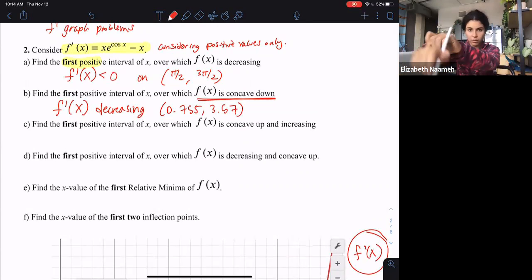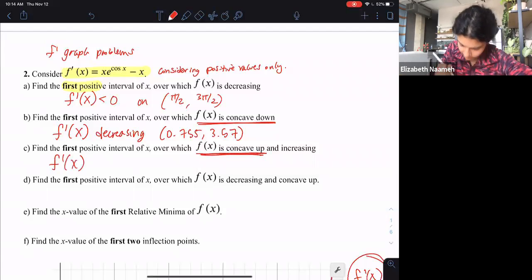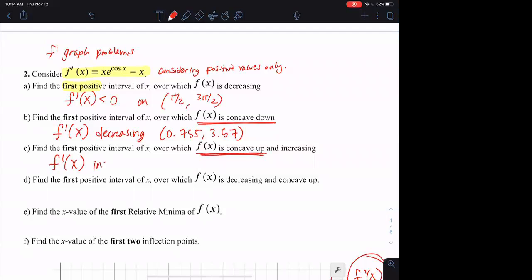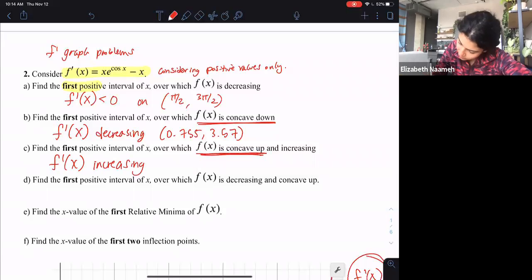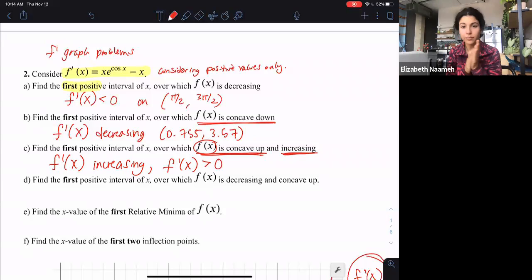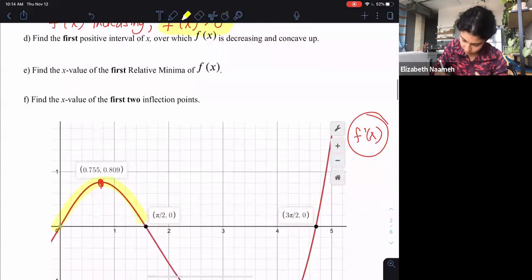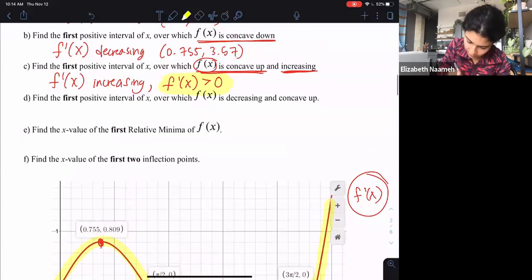So I have two conditions now, two things to look for. First, it says f is concave up. So what's that tell me about f prime of x? If it's concave up, it's going to be increasing. And then if f of x is increasing, what's that tell me about f prime of x? Has to be above the x-axis. F prime of x must be greater than 0. So now we are going to look for the places that satisfy both conditions. So this graph needs to be both above the axis and increasing.